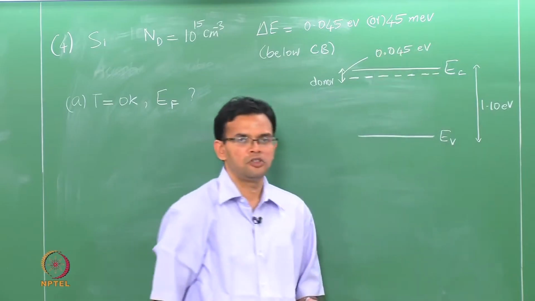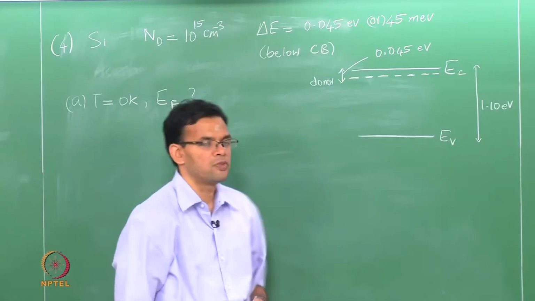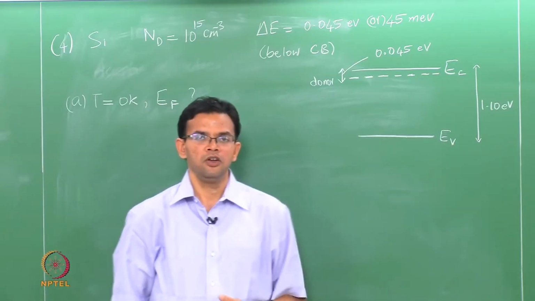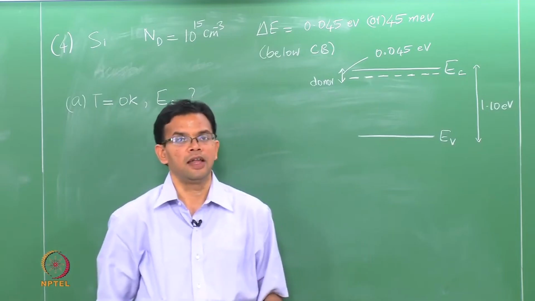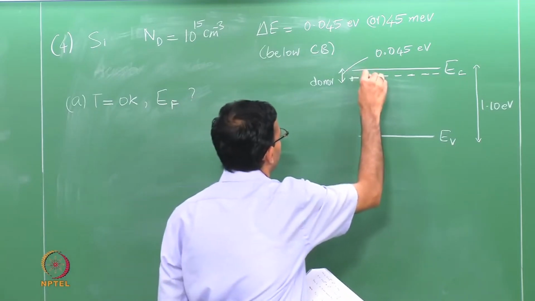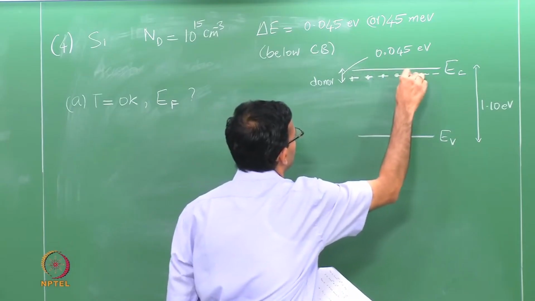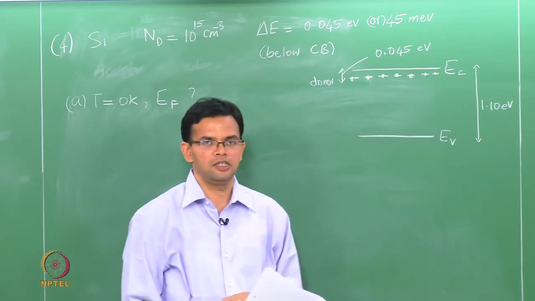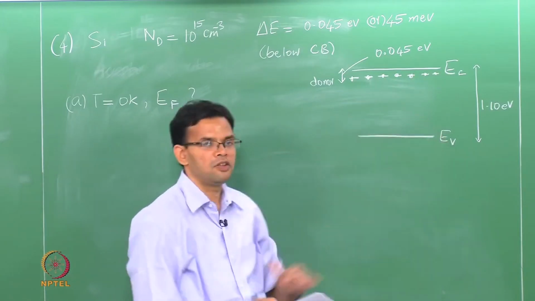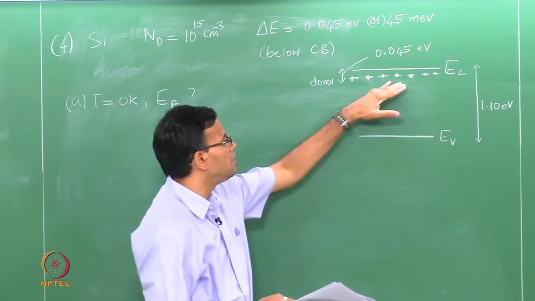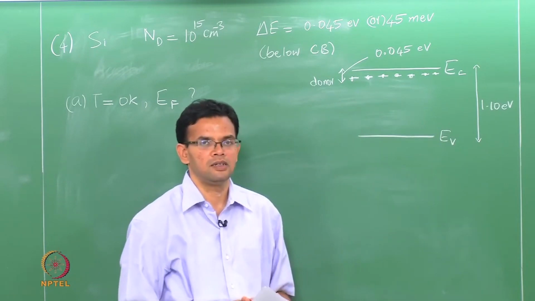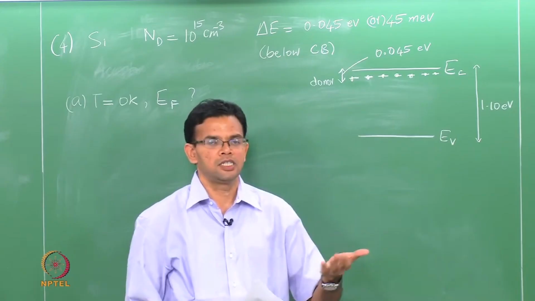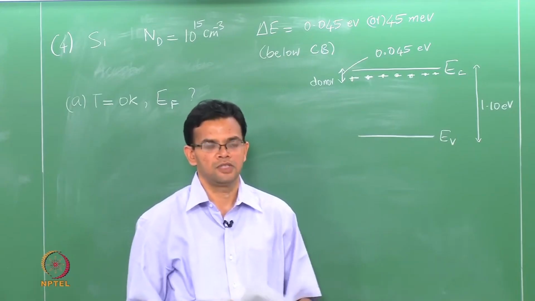The diagram is not to scale, but this just shows you that the donor level is very close to the conduction band. So, at 0 Kelvin the donor level is not ionized. So, we basically have electrons here. The valence band is at a much lower energy level. So, we can ignore the valence band and we can treat this as an intrinsic semiconductor with the donor level being the valence band and the conduction level being the conduction band of silicon.